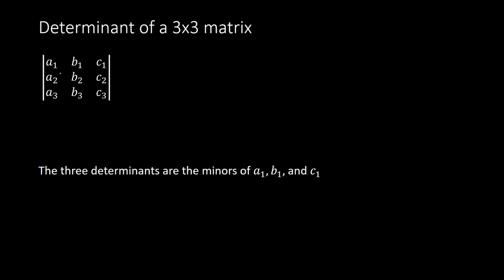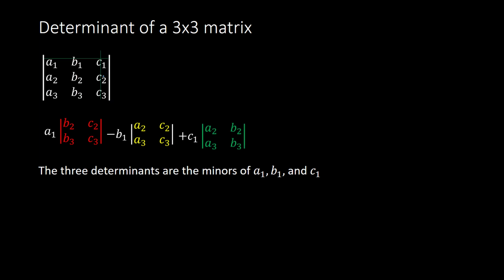So if I find the minor of A1, we eliminate this column and row. We're left with the B2, C2, B3, C3. So what I have is A1 times this determinant, and then I have B1 times this determinant of A2, A3, C2, C3.